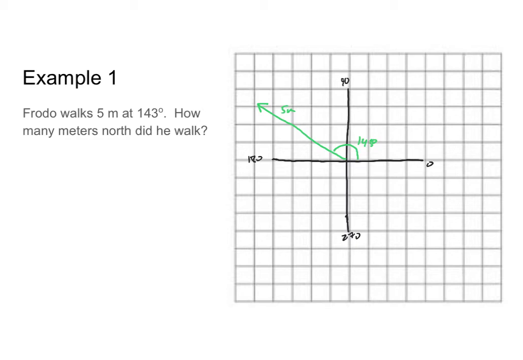And I'll go ahead and add in the components of that vector. X pointing to the left and Y pointing up, or in this case, north. So you can figure out your sines and cosines for angles larger than 90 degrees. But what I want to do is stick with using these unit triangles.